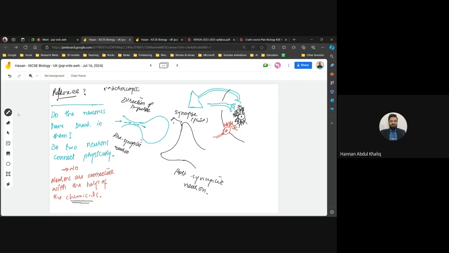Remember that when the impulse reaches the end of the axon, this whole part is called the synaptic bulb. Inside the synaptic bulb, you will find many vesicles. These are also called synaptic vesicles.